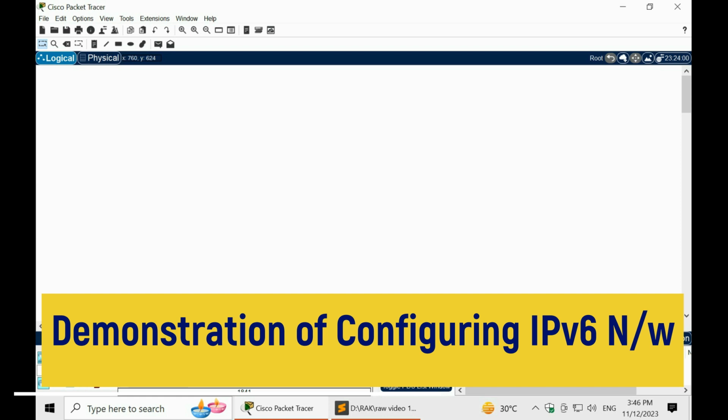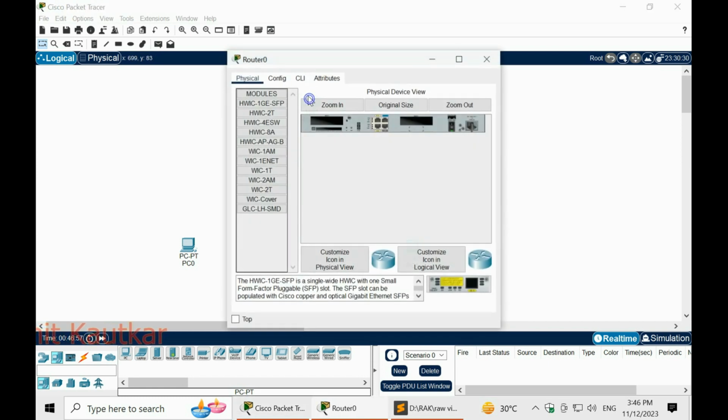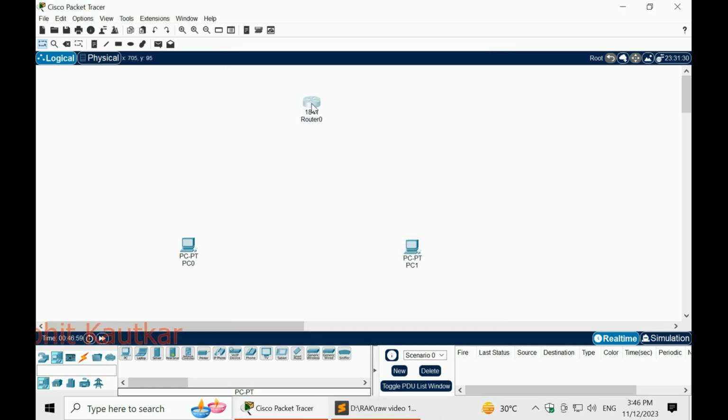We are going to use this 1841 router, and we will add two machines. Let's say this is the first machine and this is the second machine. With these three components we are going to form an IPv6 network.